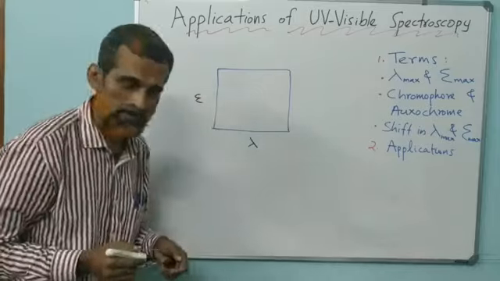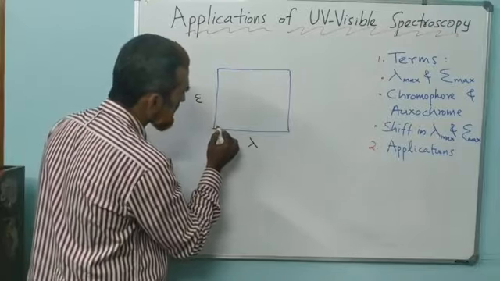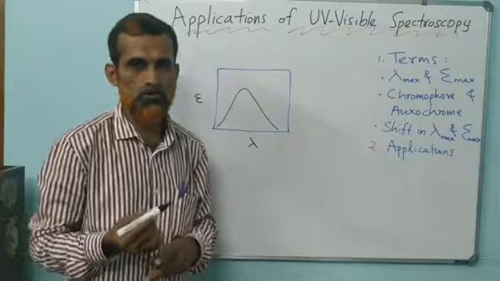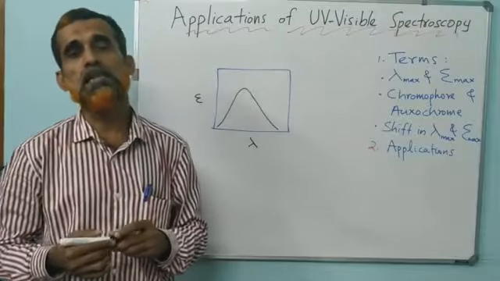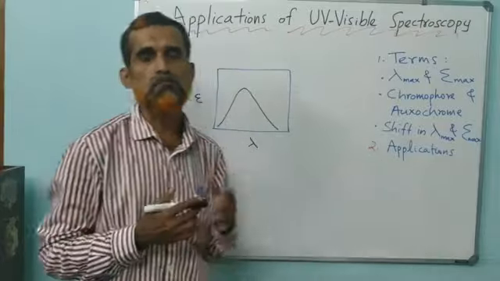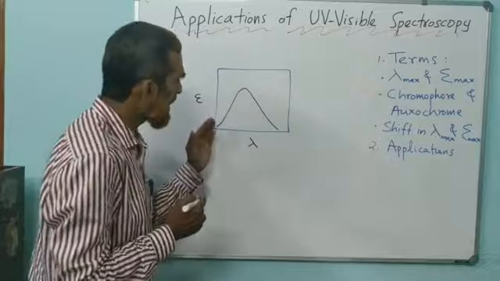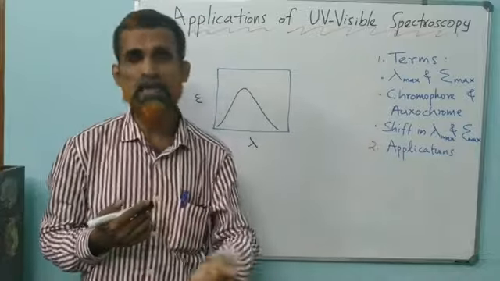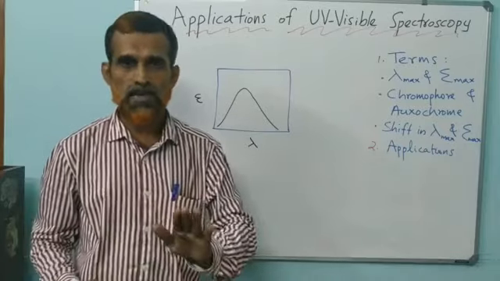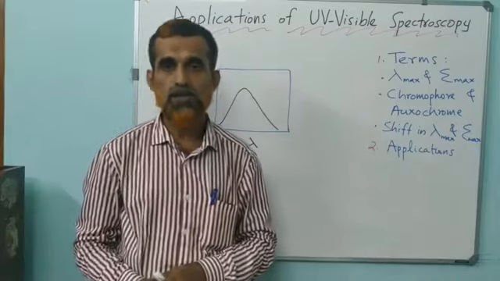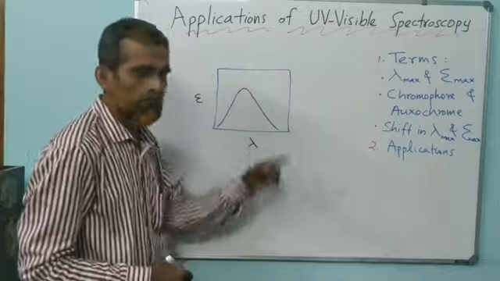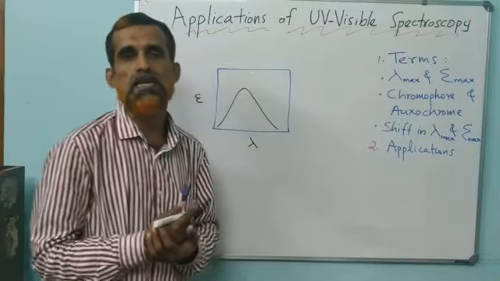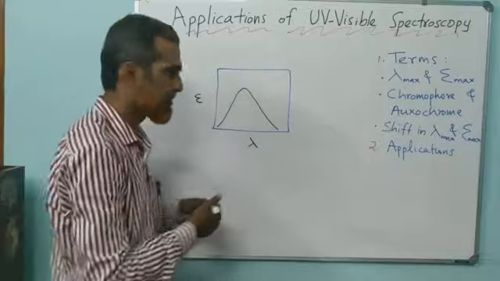This is a normal practice. And the UV spectrum looks like this. It is very broad. You know the reason that we have discussed at the beginning of this module, because electronic transition necessarily is accompanied with vibrational as well as rotational transition. That's why the spectral peak is not sharp but broad.